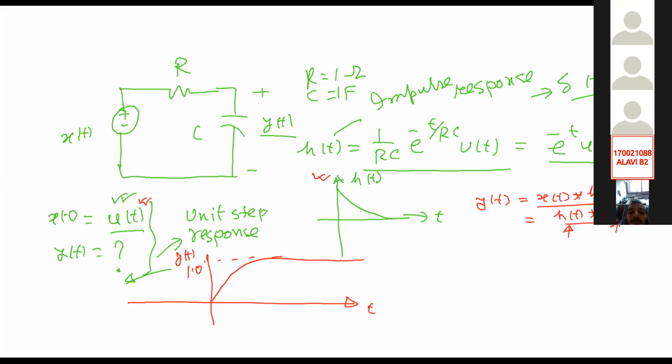If we have a signal with amplitude equal to 1 or a constant value, reflection and translation will not change the amplitude of your signal. But if we have a signal with some time dependency, say this is u(t), then what will happen if we reflect this signal? This time will also change.